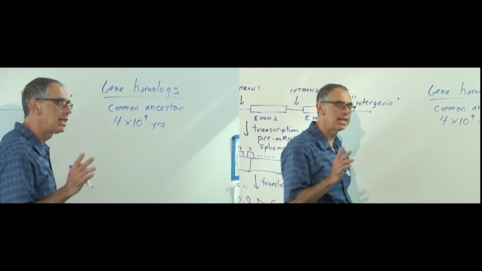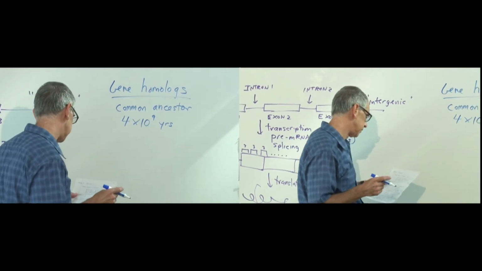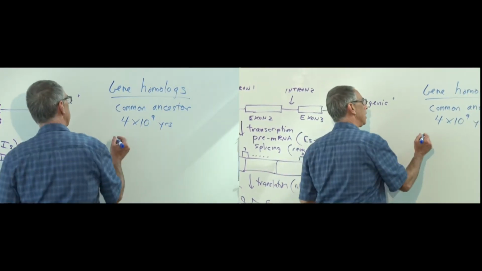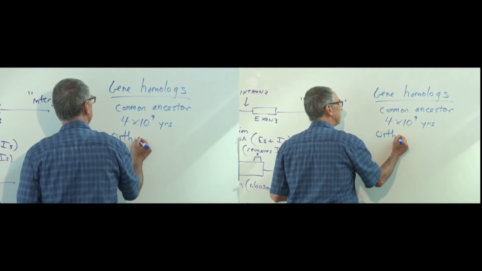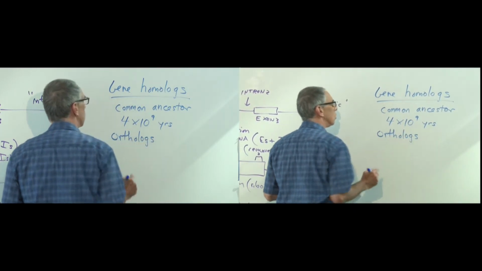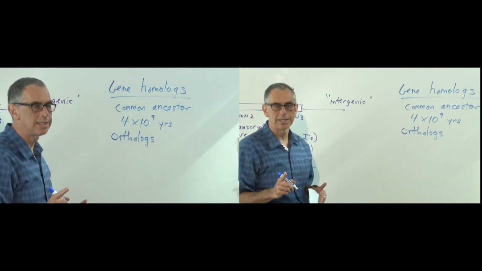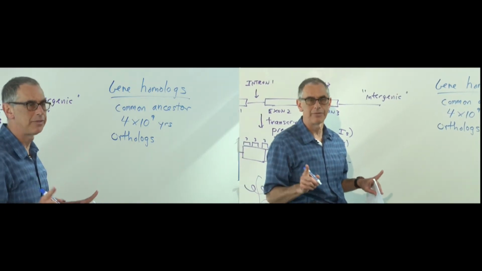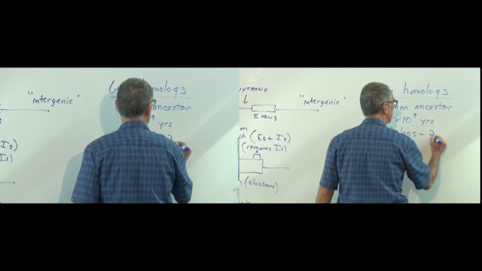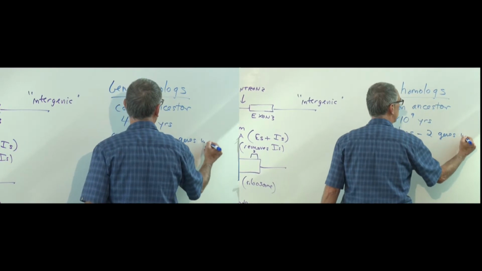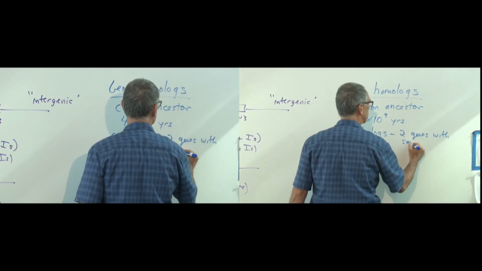And there's a couple of kinds of homology that I want to discuss. One kind are orthologs. So orthologs are 2 genes in different species that have the same function.